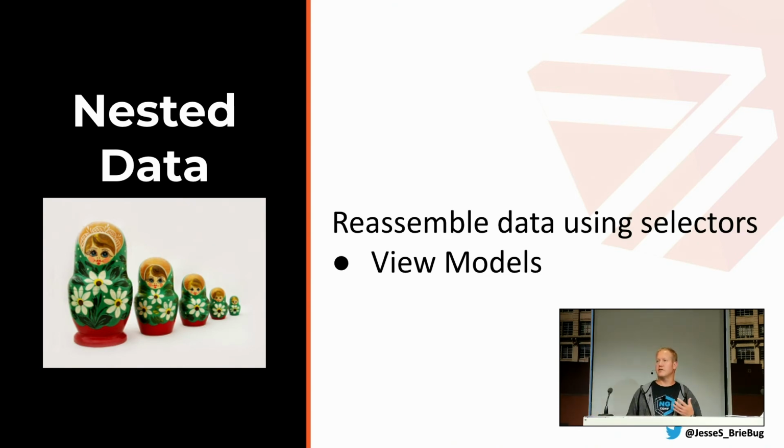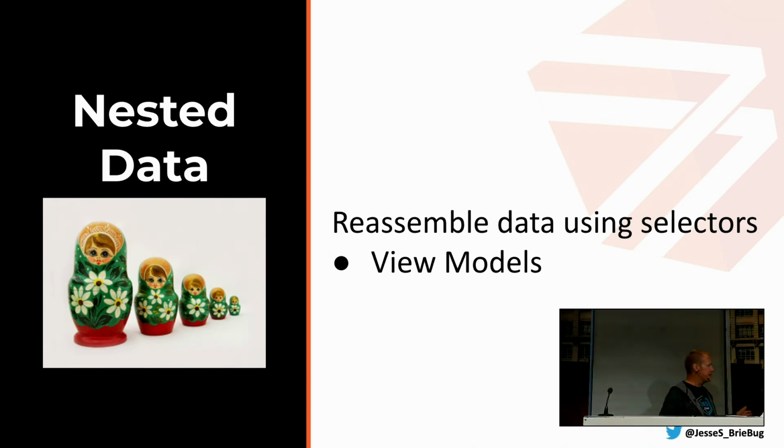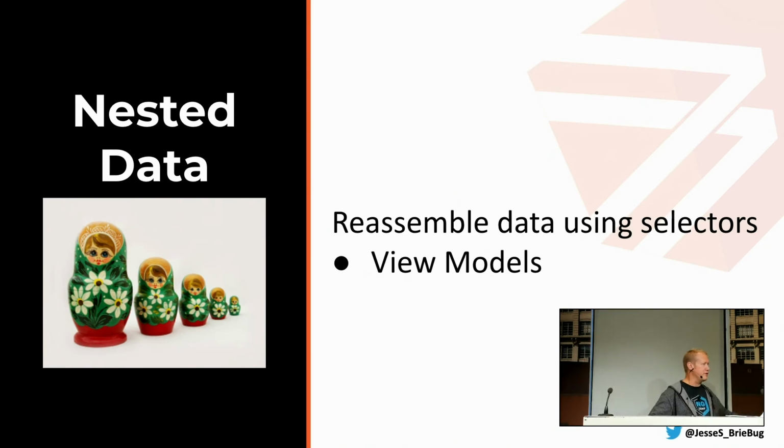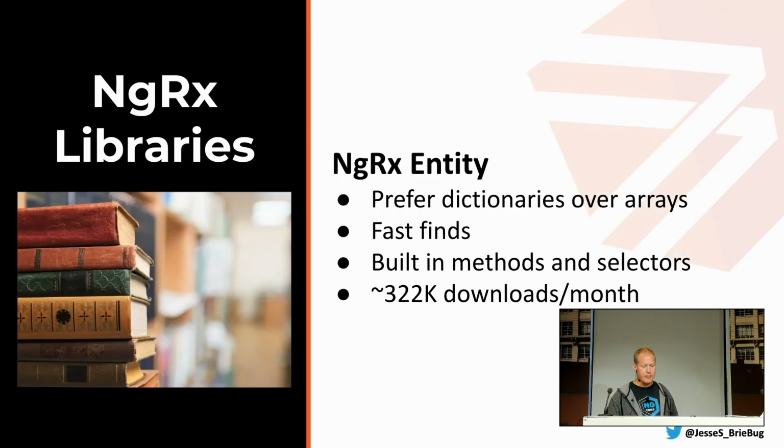Otherwise, you're going to have to deal with a complicated structure and pass blogs, comments, and users down into a component hierarchy that becomes difficult to manage. So one recommendation is to create a selector that takes the data back out of the store and reassembles it into a new view model that I can now pass to the view, and it works beautifully. I don't have to worry about recreating that.